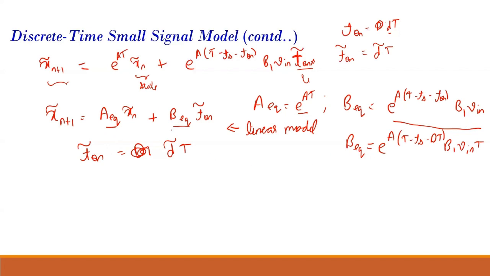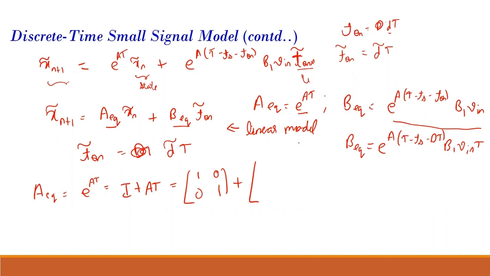Now I want to write it in the form of a matrix. Okay, so this A equivalent, which is equal to e raised to AT, I substitute to be equal to I plus A into T. I is the identity matrix, so it will just be 1 0 0 1, and A is what?